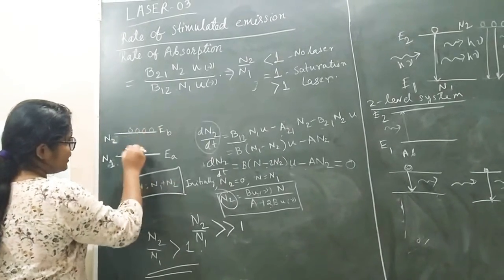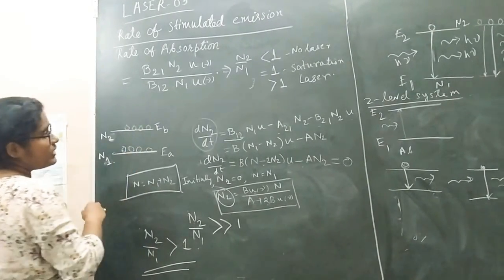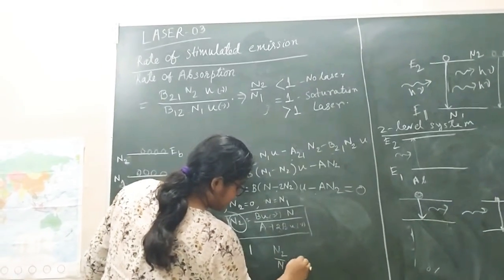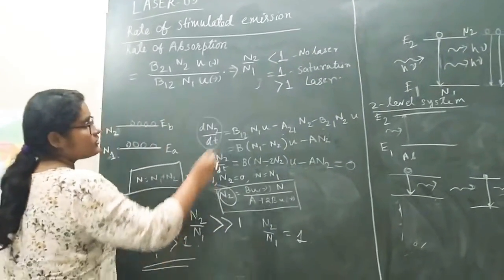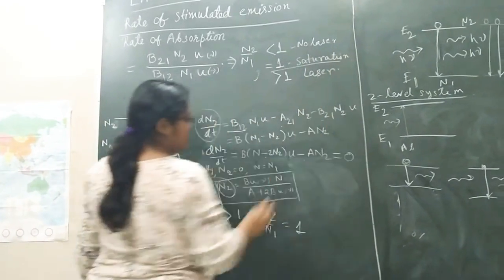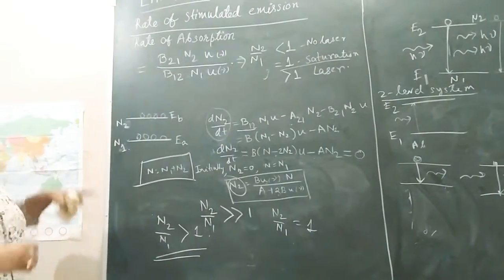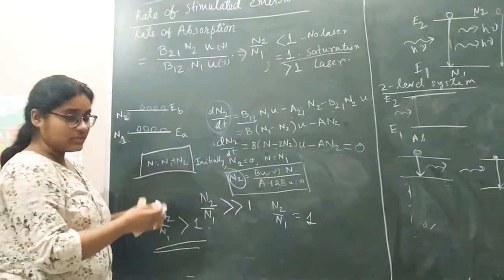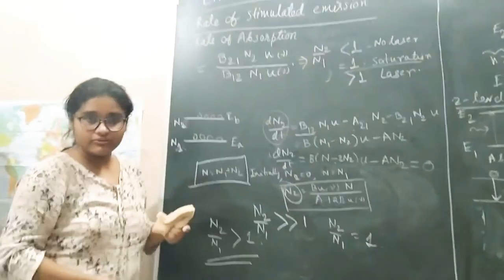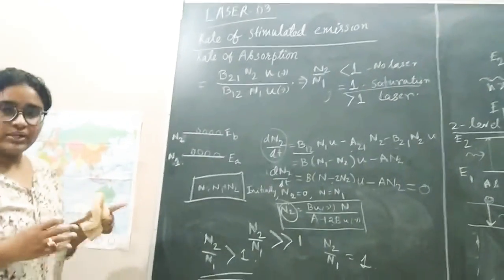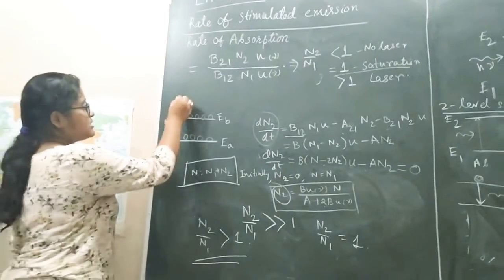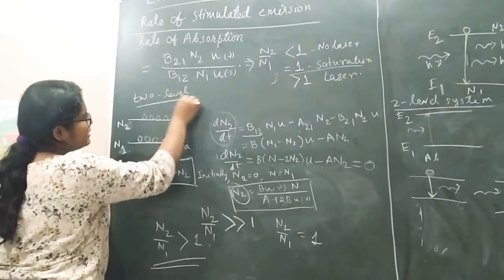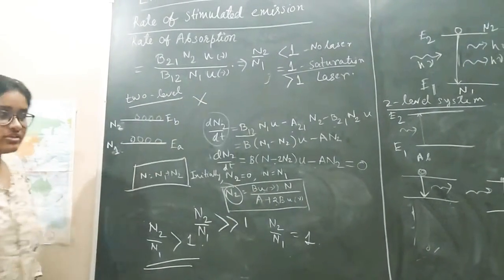If there are 4 atoms here, there will also be 4 atoms there, so N2 by N1 you will get is 1. This kind of situation is called saturation, and you can never achieve beyond saturation. I mean, in a two-level system you can't achieve population inversion to do laser. So a two-level system is not good for a laser system. Now we should cross it out.